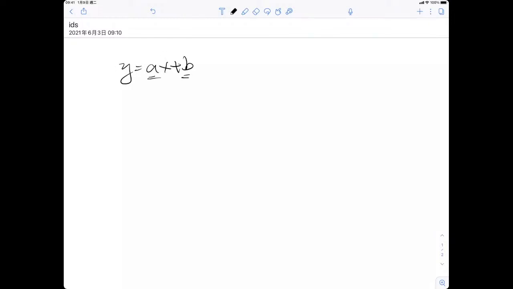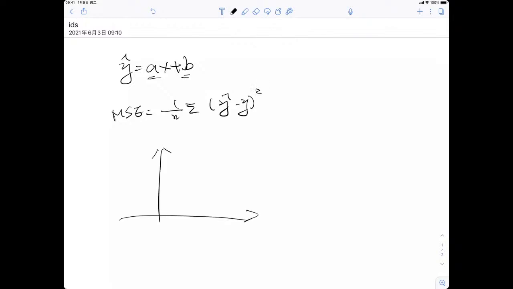If we do MSE, we have written this equation a lot of times, right? So we will have a value like this. This is A, this is B, and this is the MSE value. Or sometimes we can draw it in this way.